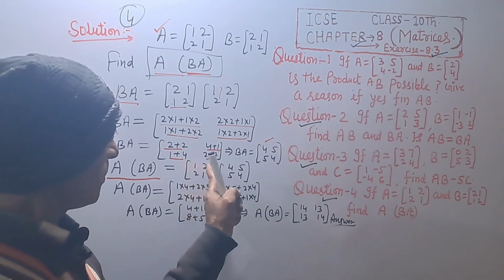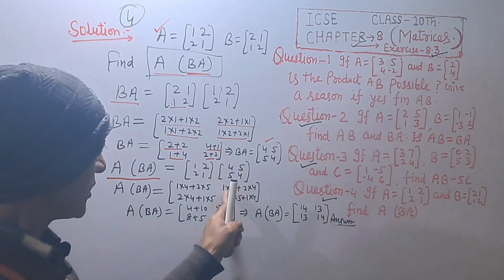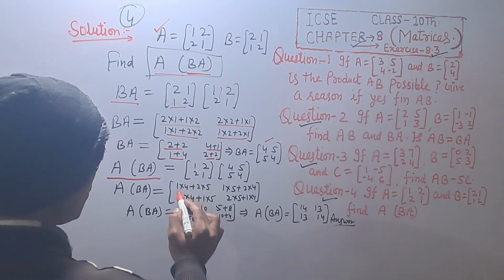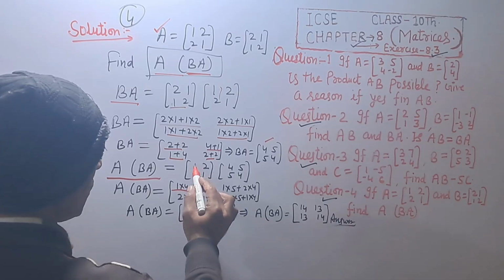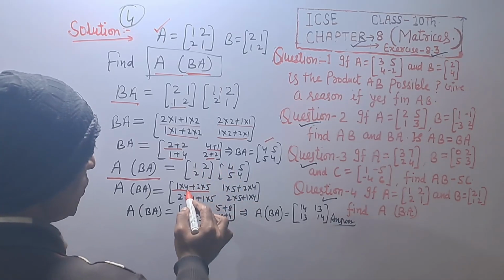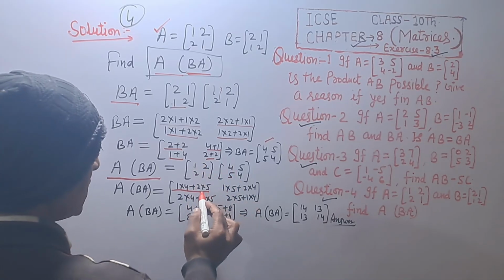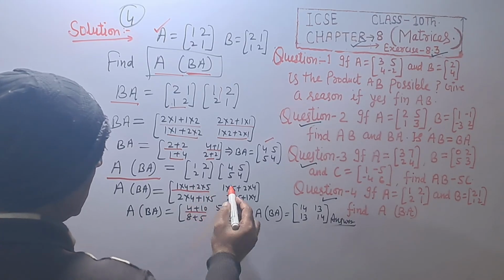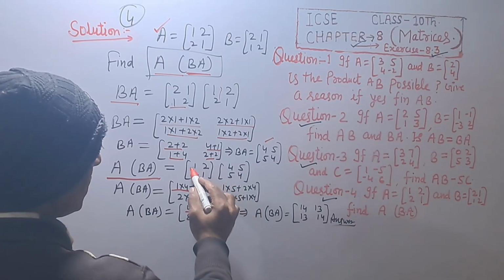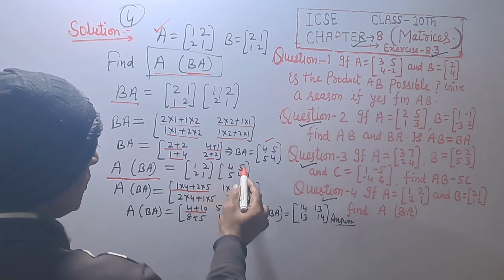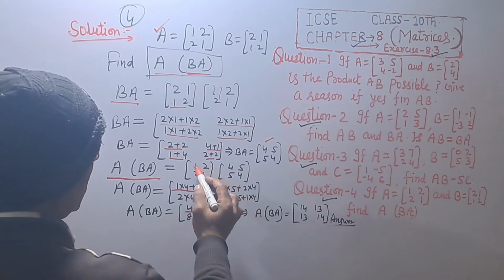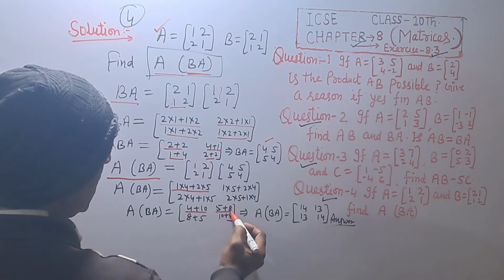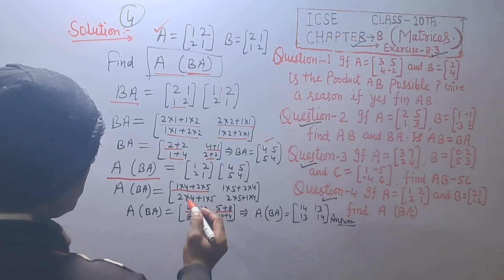Same process: product of first row and first column, product of first row and second column, and their addition. 1 into 4 is 4 and 2 into 5 is 10. 4 plus 10 and 5 ones are 5. 1 into 5 is 5 and 2 into 4 is 8. 5 plus 8.